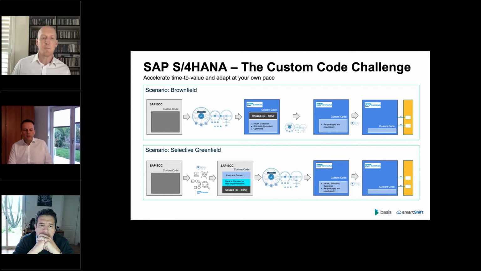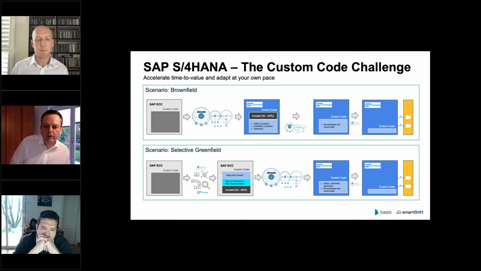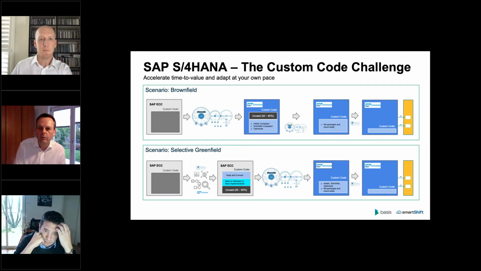Yeah, before I get into that, you saw it on the previous slide. When we talk about custom code, often we use words like burden or challenge, so it's not the most popular thing in the world when we talk about S4HANA. But obviously, custom code has been built over the past 20, 30 years in SAP systems. Not everything is used. We have these statistics that 40 to 60% are not used.